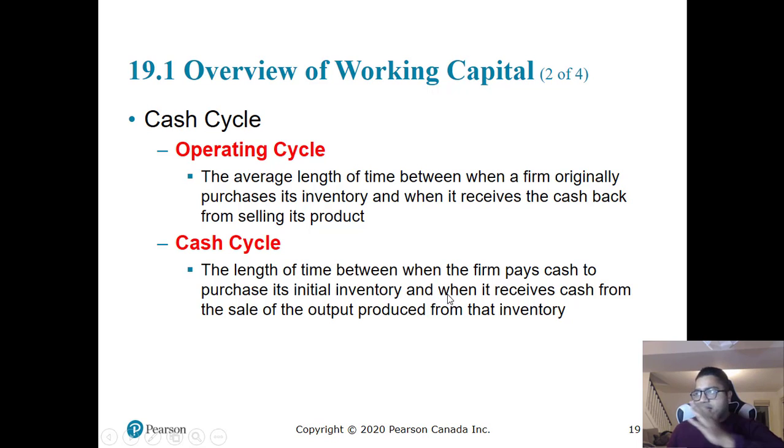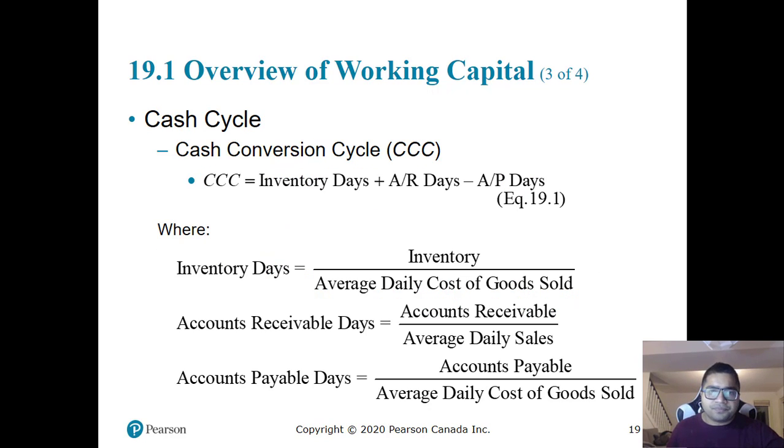So paying to suppliers and getting paid from customers, the difference in that. How is the cash cycle computed? It is generally computed using this formula: inventory days plus average receivable days minus average payable days.